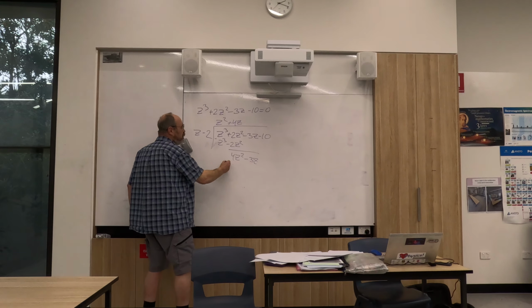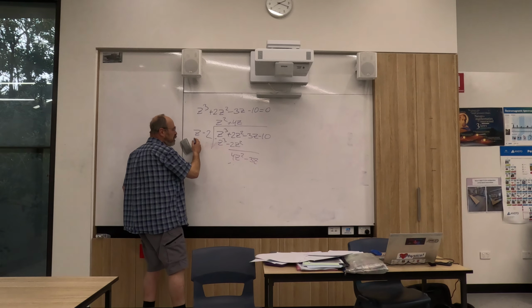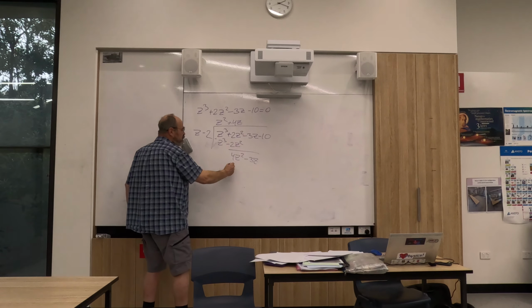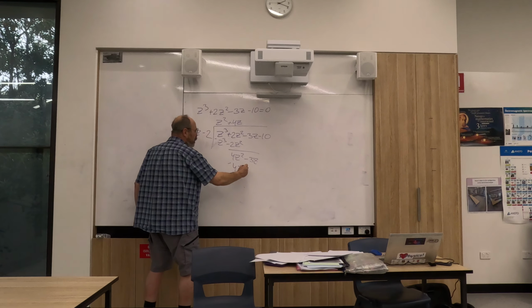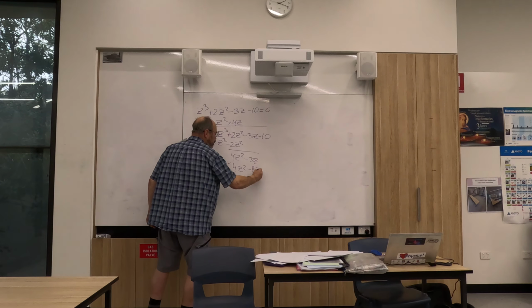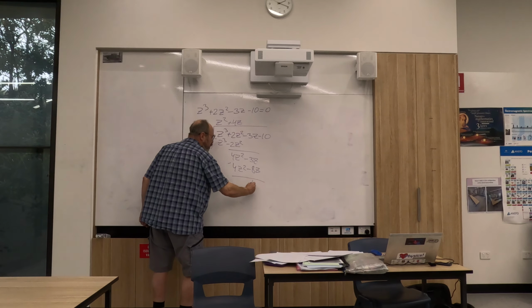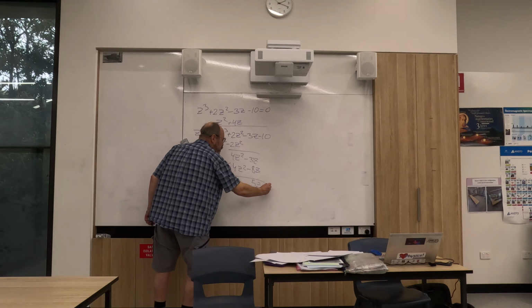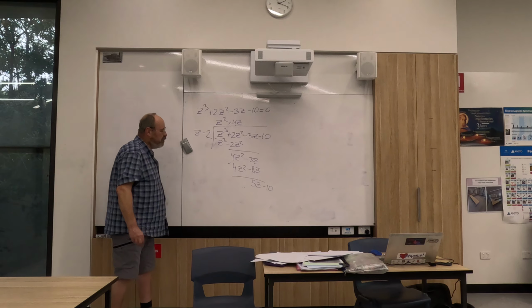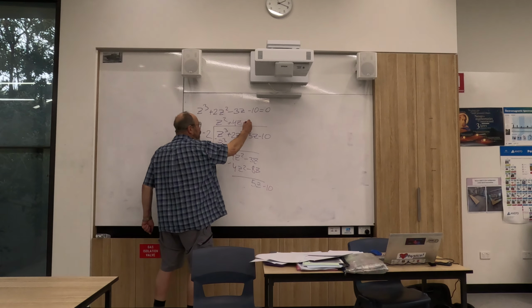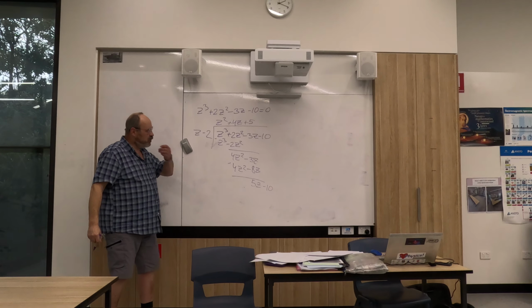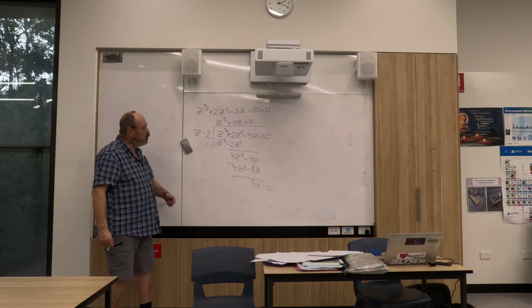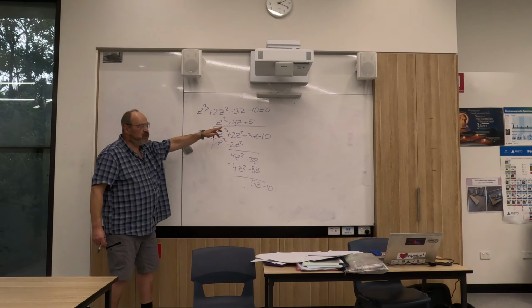Then 4z times z minus 2 gives 4z squared minus 8z, leaving 5z minus 10. Then plus 5 times z minus 2 leaves 0. So we have z squared plus 4z plus 5.